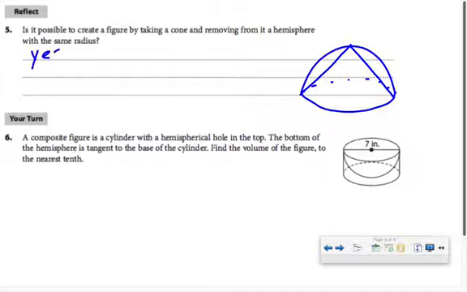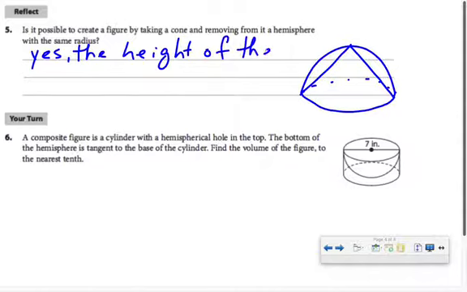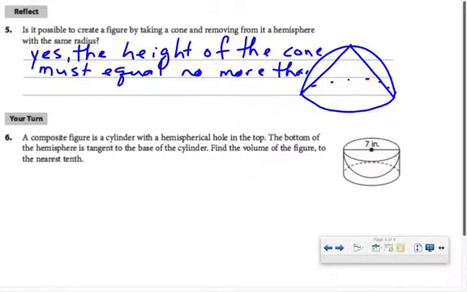So, yes, the height of the cone must equal no more than the radius of the hemisphere.